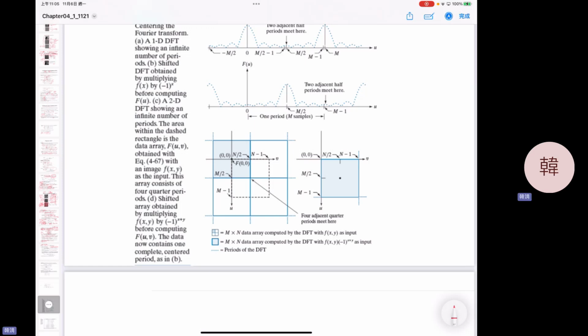See the result of multiplying f_p by this. So this is the result multiplied by (-1)^(x+y), and this is the spectrum. You can see the spectrum is centered, and it can repeat. It should repeat everywhere, but the size is P by Q, extended.